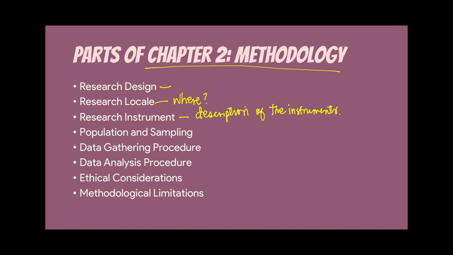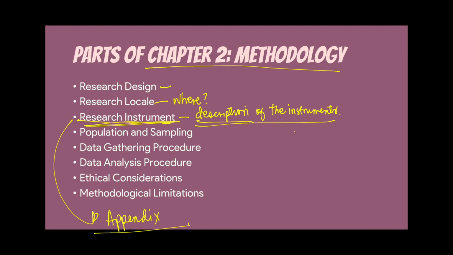But remember, this is just a description. The actual research instrument is found in the appendix. So the actual questionnaire is in the appendix. In the research instrument section is only a description of the instrument. Now, sometimes in BSD, we require the table that I showed you earlier.